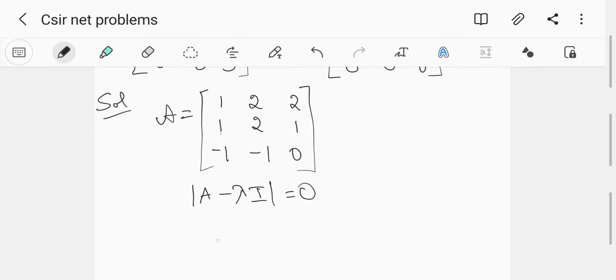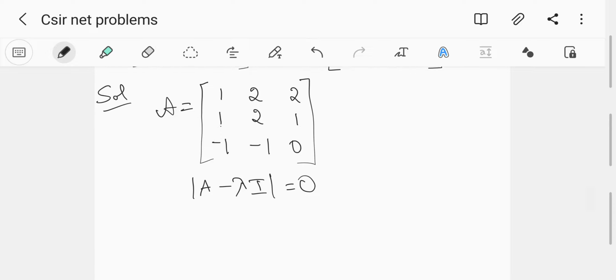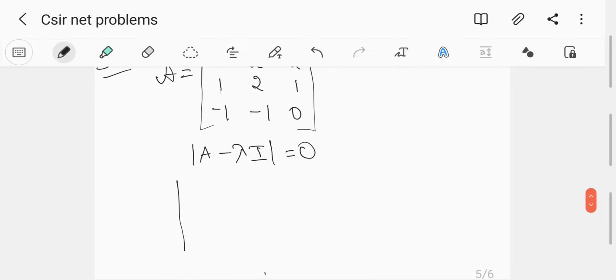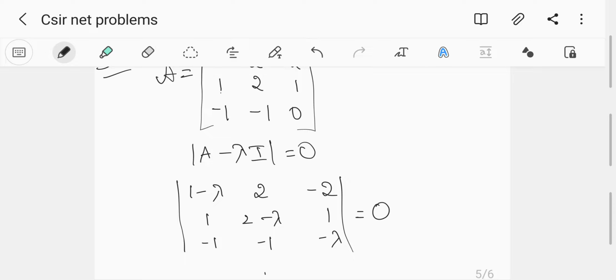So the determinant of 1 minus lambda, 2 minus 2; 1, 2 minus lambda, 1; minus 1, minus 1, 0 minus lambda, which gives minus lambda, is equal to 0. Now solve this determinant and find the eigenvalues.